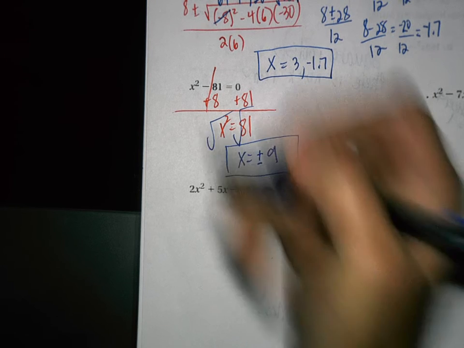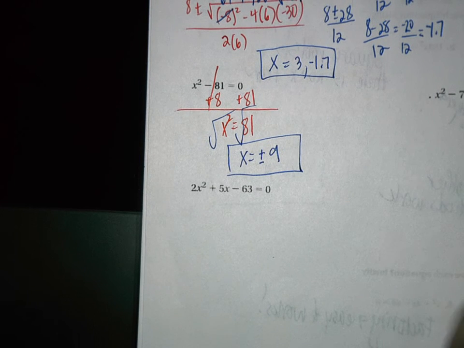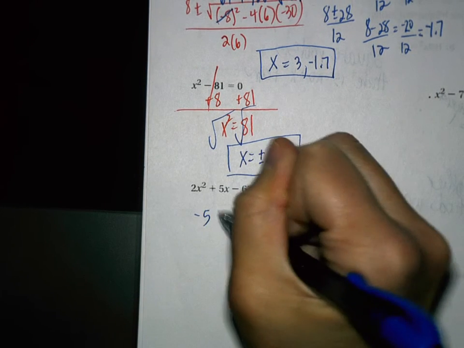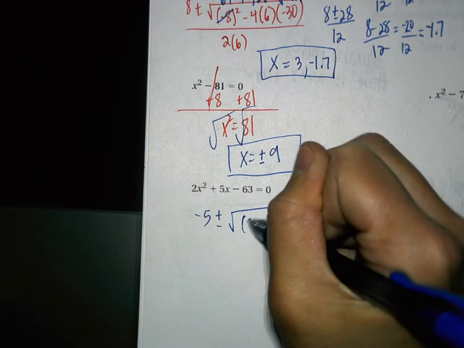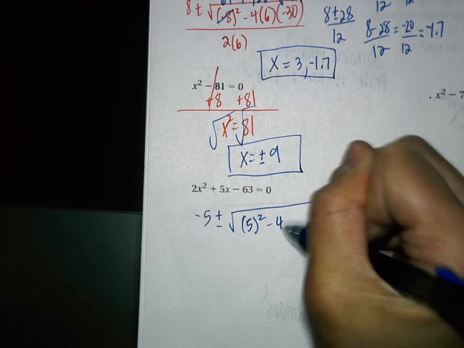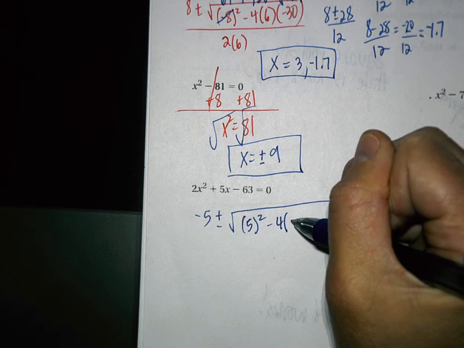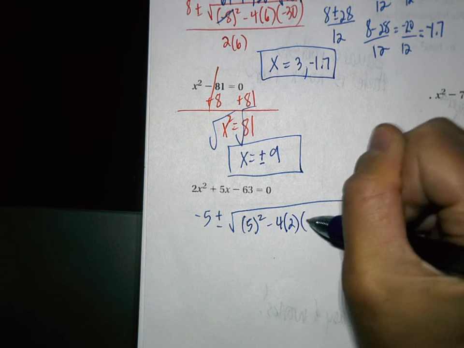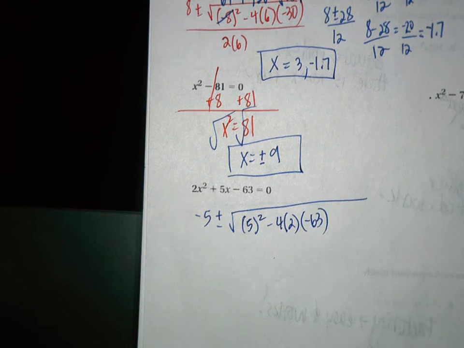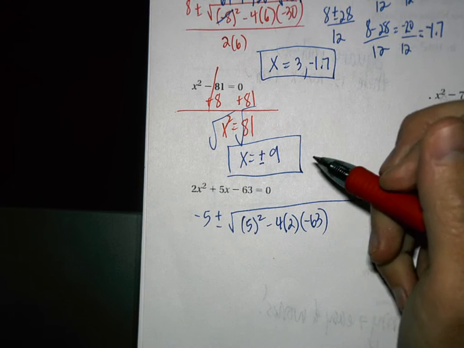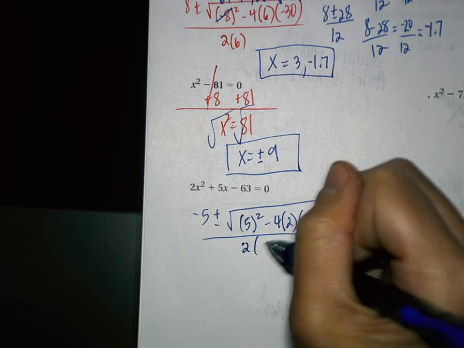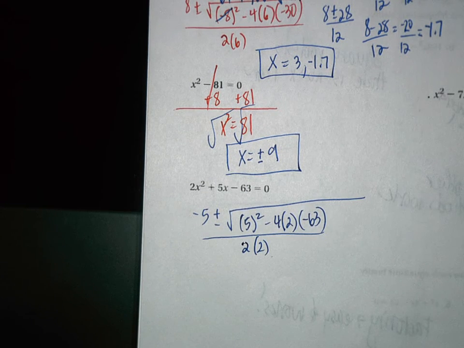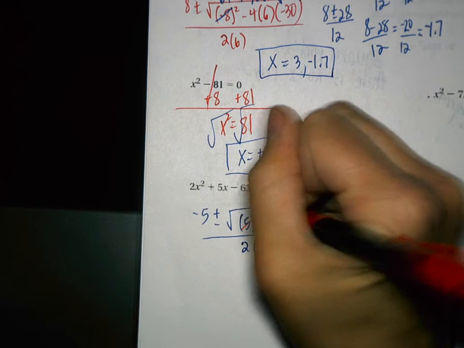So, negative b will be negative 5 plus or minus the square root of 5 squared minus 4 times a, which is 2, times c, which is negative 63. I hope all of you are writing these notes down right now, all divided by 2 times 2. Okay, so what is 5 squared? 25.